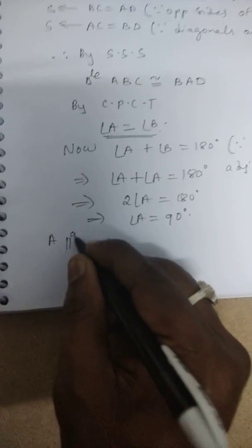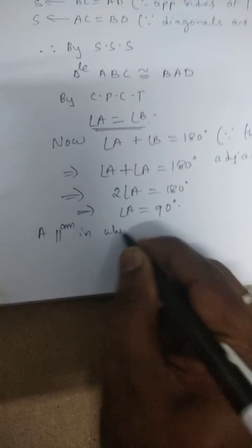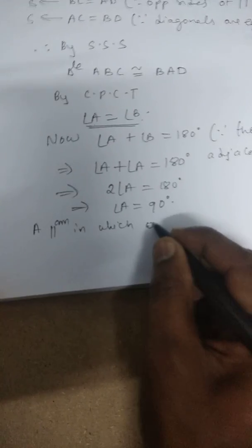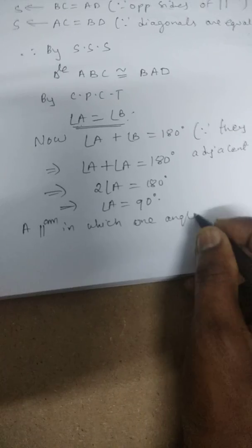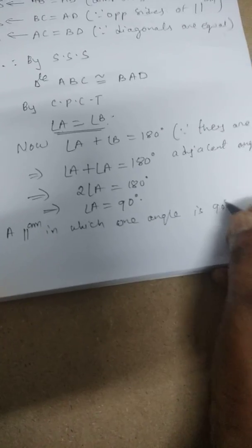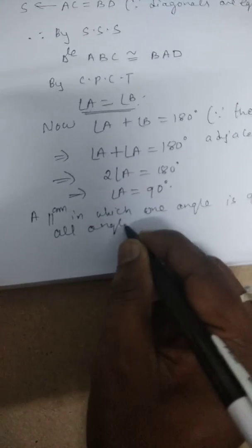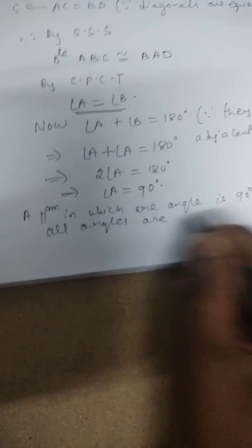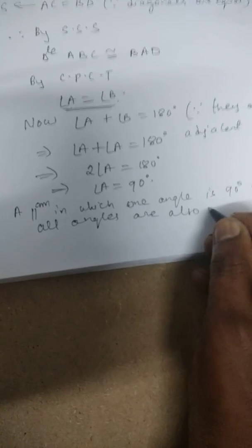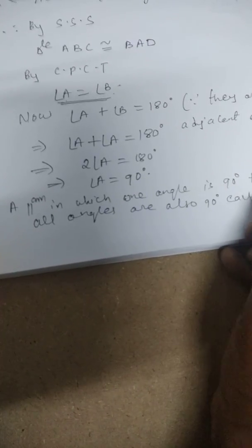In a parallelogram in which one angle is 90 degrees, all angles are also 90 degrees each.